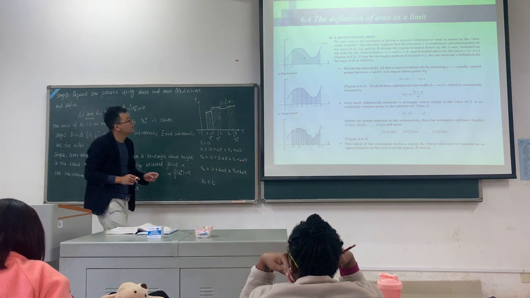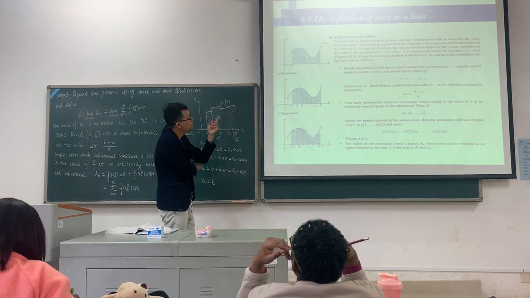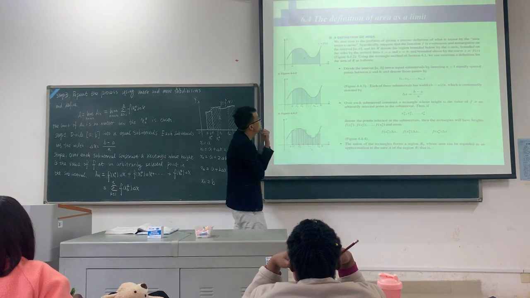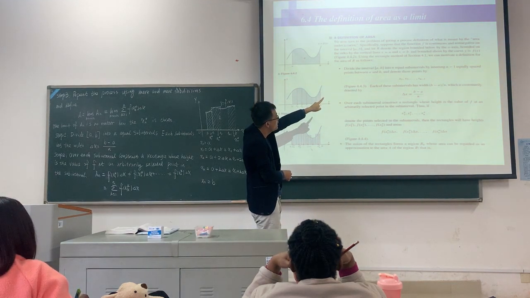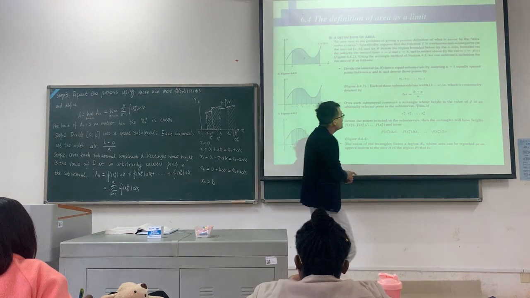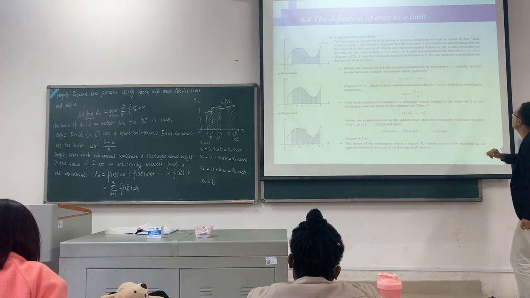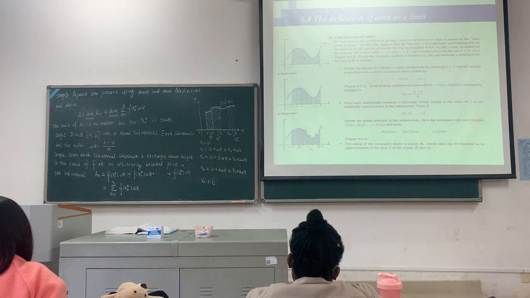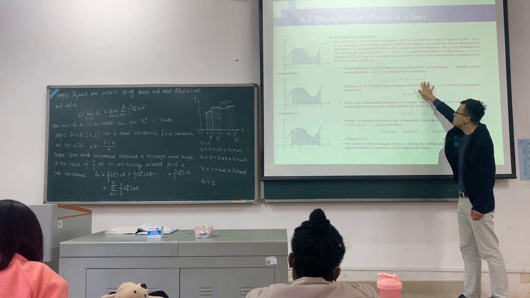Now let's see the process on the PPT. The first step is to divide the interval AB into n equal subintervals by inserting n minus 1 equally spaced points between A and B, and denote these points by x1, x2, up to x n minus 1.